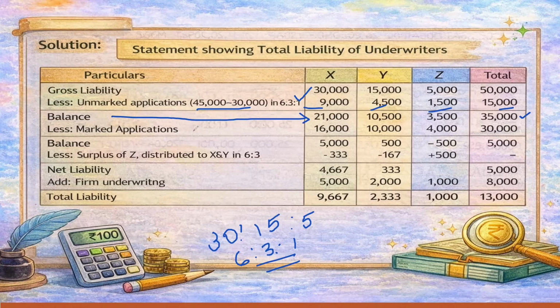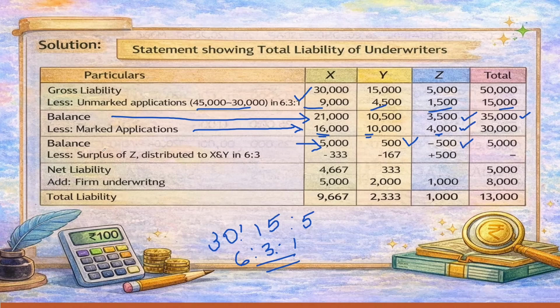And what are all the marked applications we have? Then we will deduct the marked application. So including firm underwriting, we don't need to add the firm underwriting separately. So firm underwriting is included already in this. So directly we can take the amount and deduct. The balance we got is 5,000 in case of X, Y is 500 and in case of Z we got excess shares here. 3,500 was his responsibility and he has marked applications of 4,000.